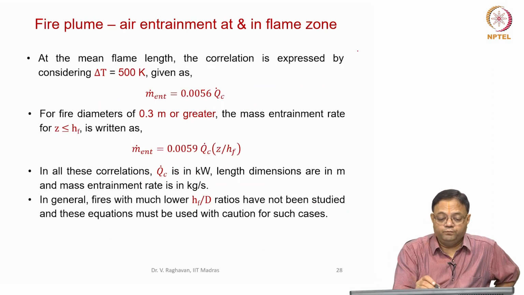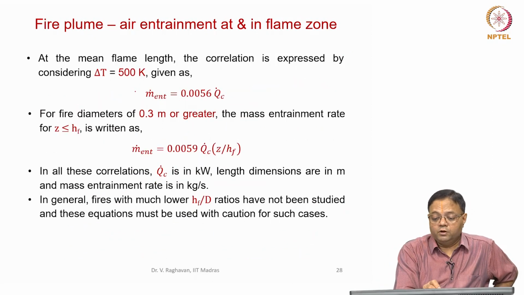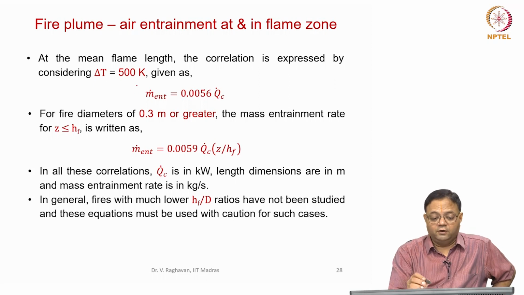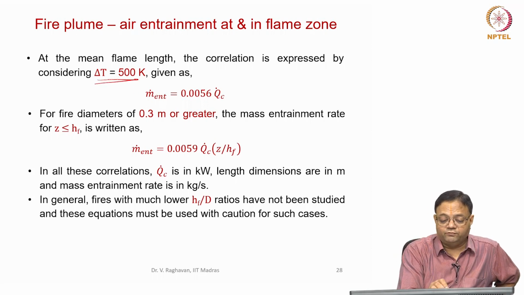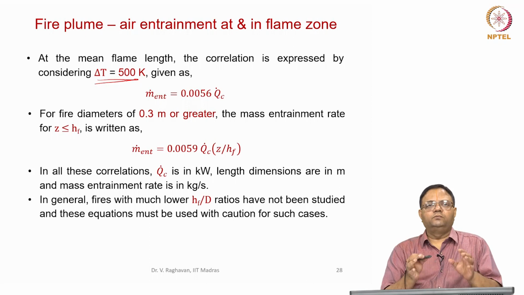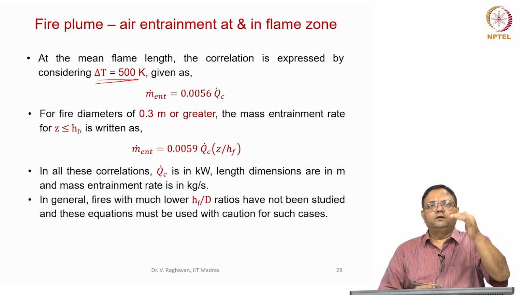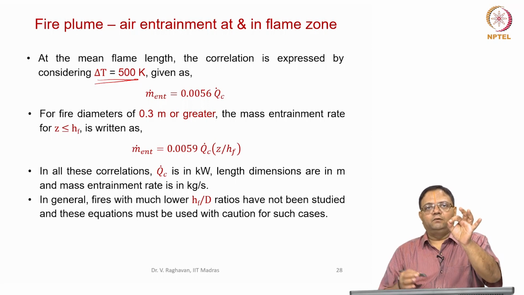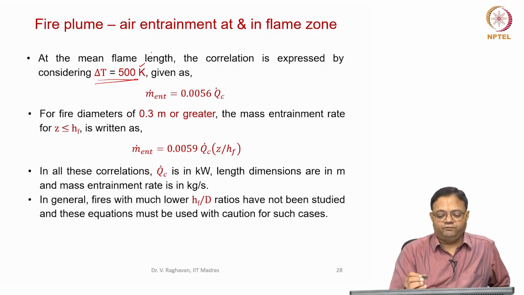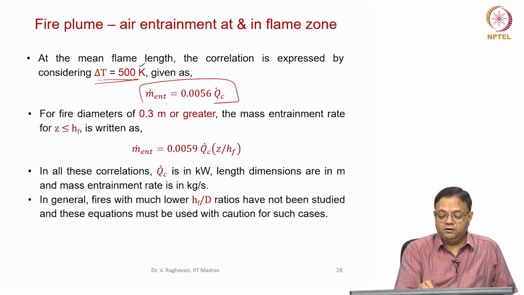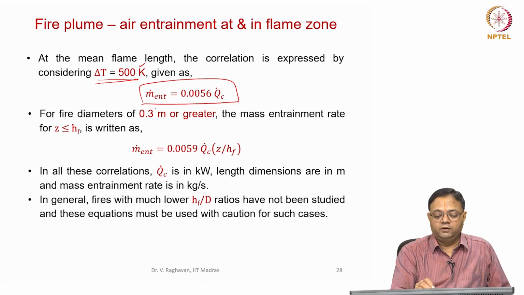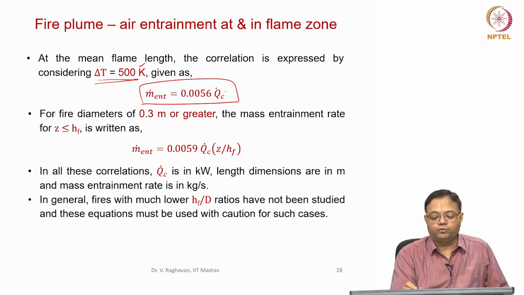Now again at the mean flame height, the correlation can be expressed by considering delta T as 500 Kelvin. Just at the mean flame height, if T at the center line minus T infinity is taken as 500, then the correlation can be written as m dot ENT equal to 0.0056 Q dot C. That is it.